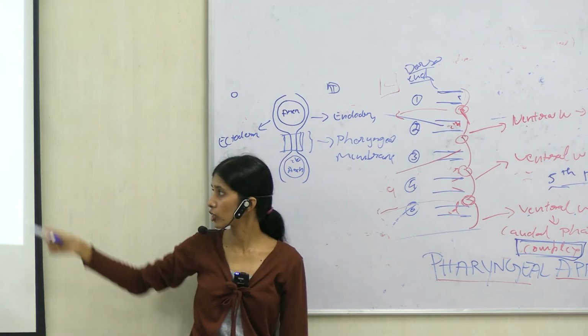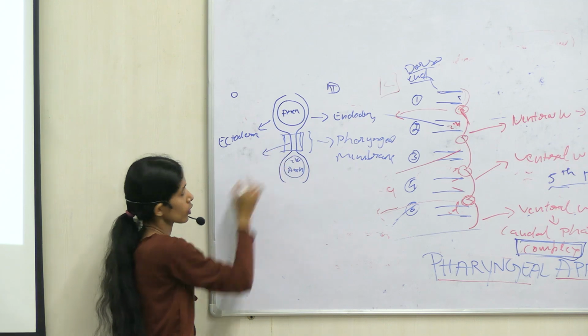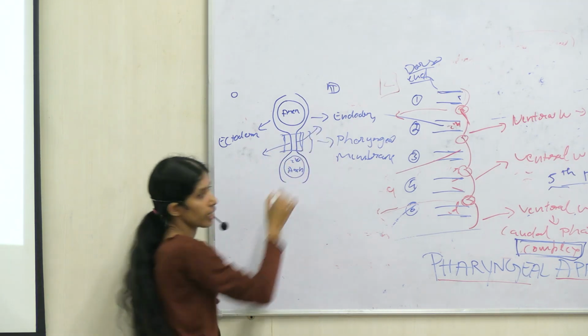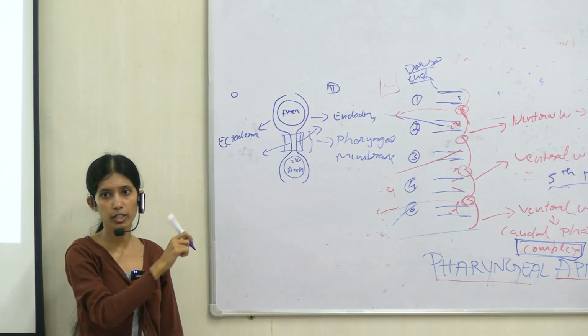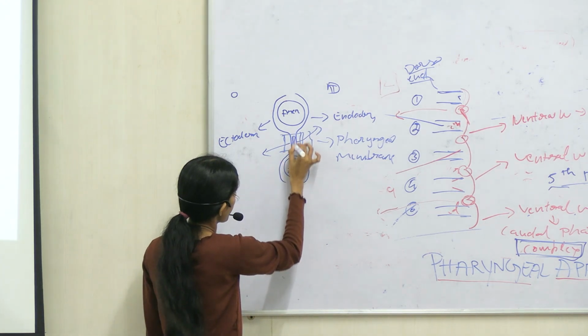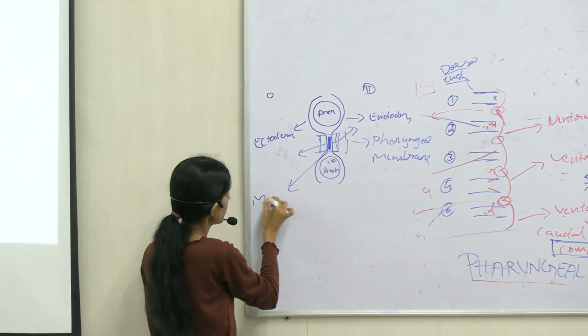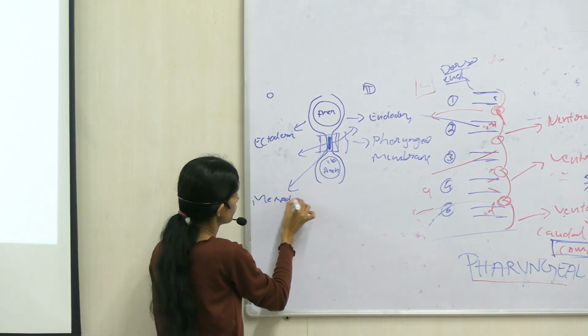That is why it is mentioned it is formed by the 2 layers, that is outer ectoderm and inner endoderm. Between these 2 layers, we can see a thin line of one more structure, that is nothing but the mesoderm.